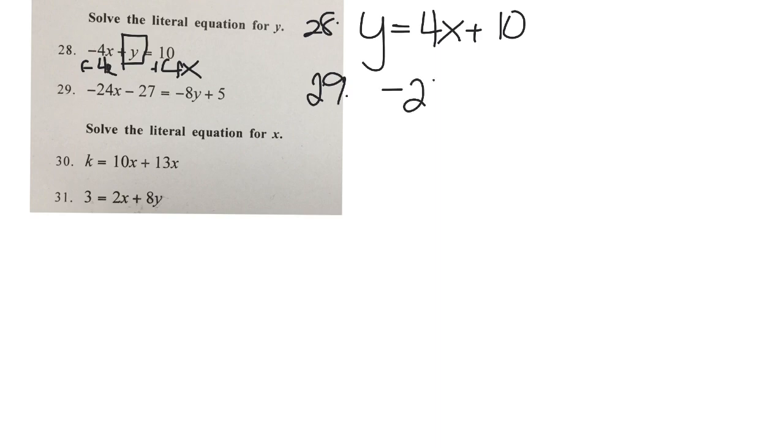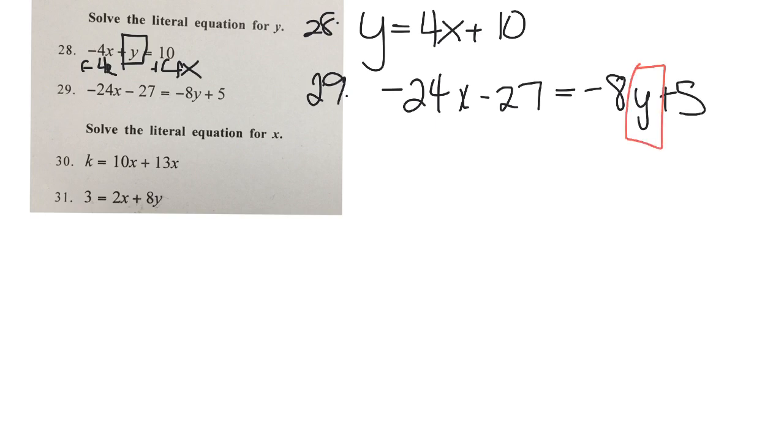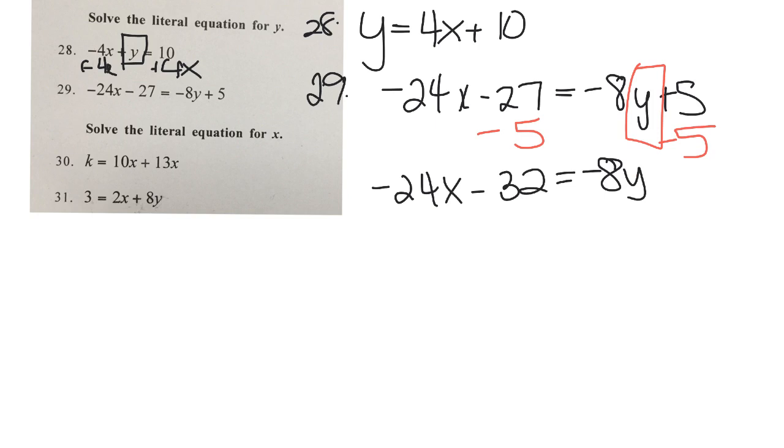29. Negative 24x minus 27 equals negative 8y plus 5. Again, my goal is to get y by itself. So first I'm going to move my 5. I get negative 24x minus 32 equals negative 8y.